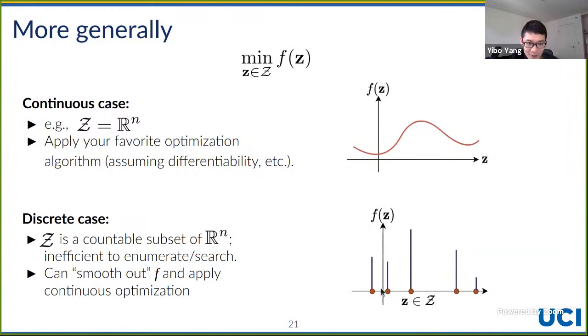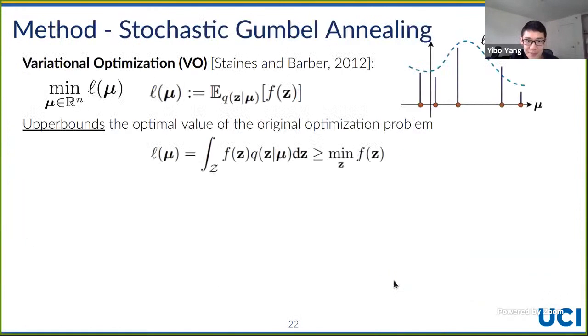So if you want to avoid a search problem that typically has exponential complexity, what we can do is come up with a surrogate objective that interpolates the value of the function on the Z space.